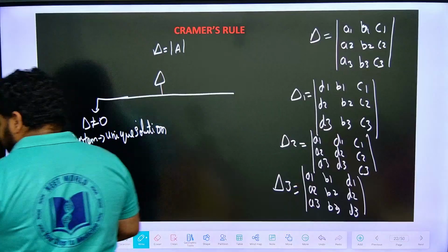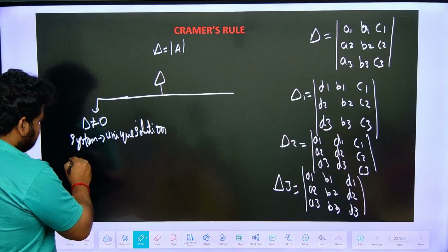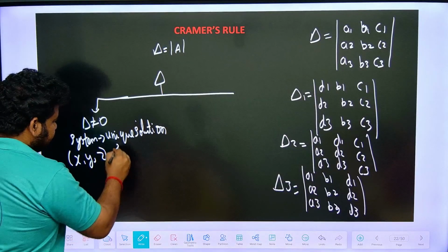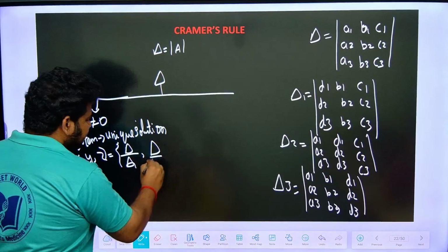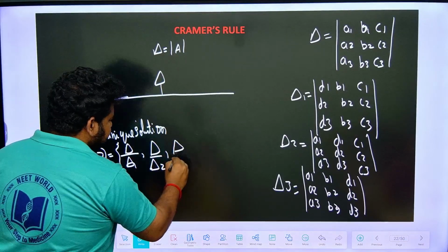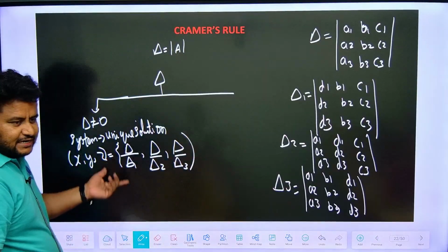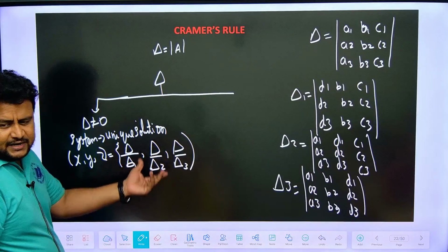Then what is that solution? The solution X, Y, Z is delta 1 by delta, delta 2 by delta, delta 3 by delta. The value of X is delta 1 by delta, Y is delta 2 by delta, and Z is delta 3 by delta.